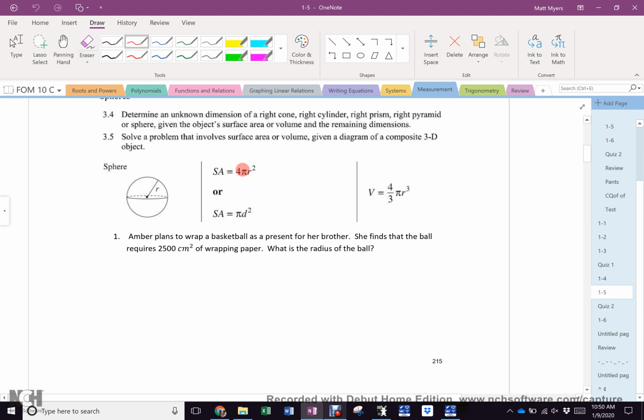So we used experimentation to find these answers. All right? Now you have to look at this carefully. Both of these work. If you have a diameter, you can just do pi d squared. If you have a radius, you do 4 pi r squared.